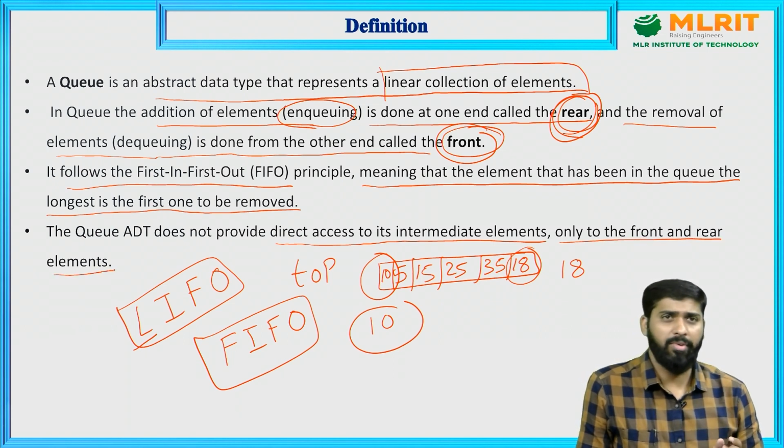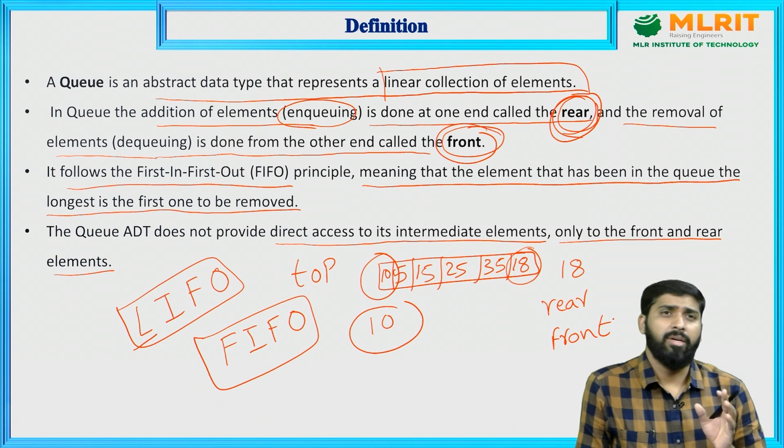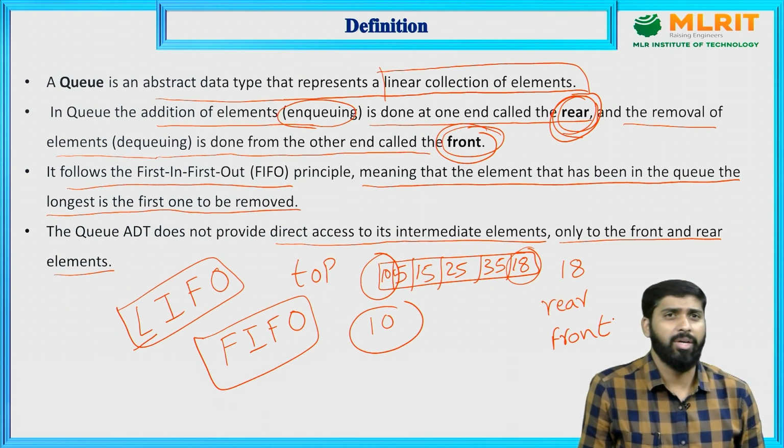Here we insert the element using the rear value and delete the element using the front end. So we do not have direct access to the intermediate elements in the Queue.